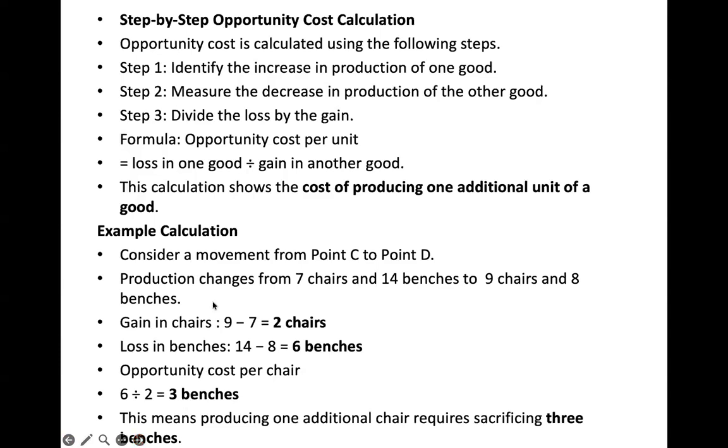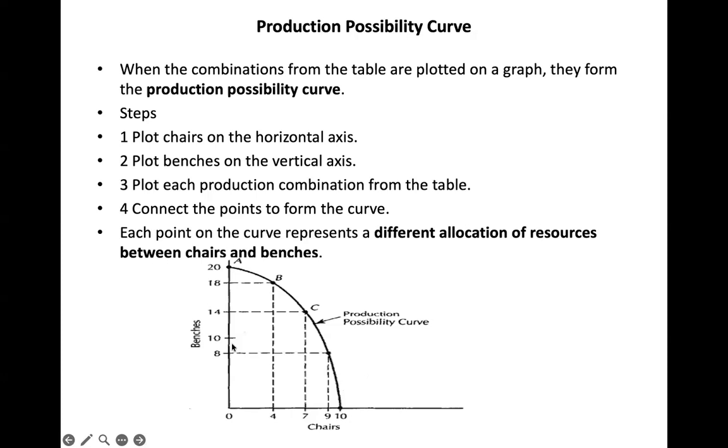So in calculating the production opportunity cost, first of all, what is the gain? That's the gain in chairs: 9 chairs minus the 7. The firm was moving from C to D. At C, the firm was producing 14 benches and 7 chairs, but when it moved to point D, the firm was producing 8 benches but 9 chairs.